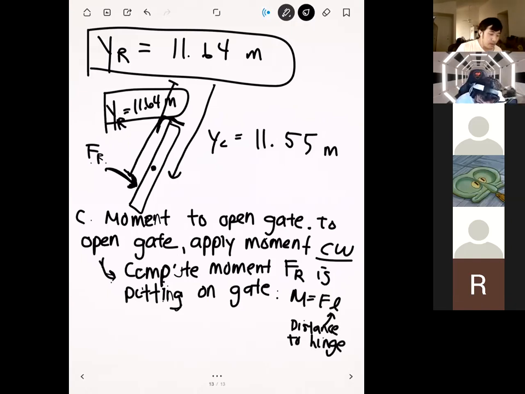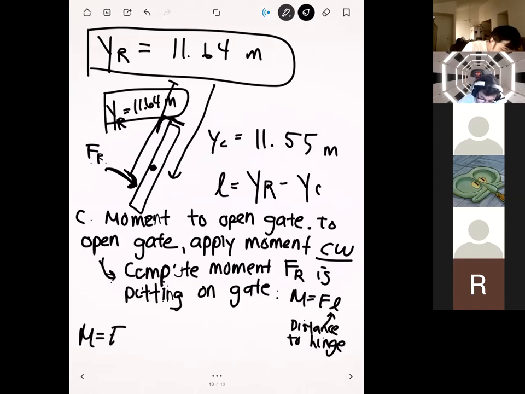Okay. And so in this particular case, since the hinge is located at the centroid of our gate, the distance to the hinge is simply just going to be YR minus YC. And so if we plug that in, we can say that the moment is equal to FR times (YR minus YC), because that's basically going to be this distance right here, the distance from the force to the hinge.